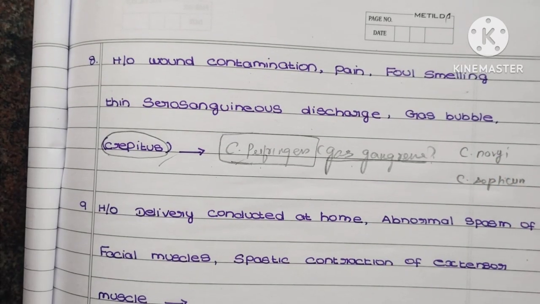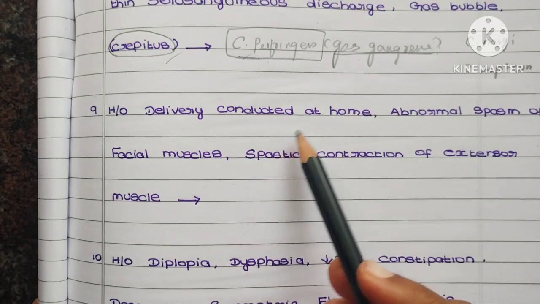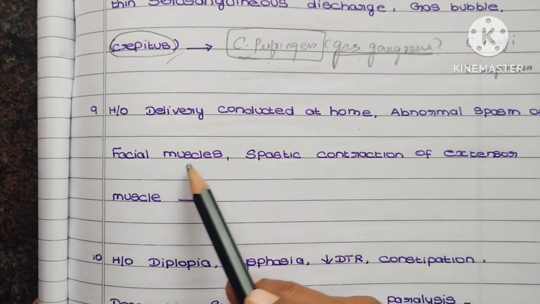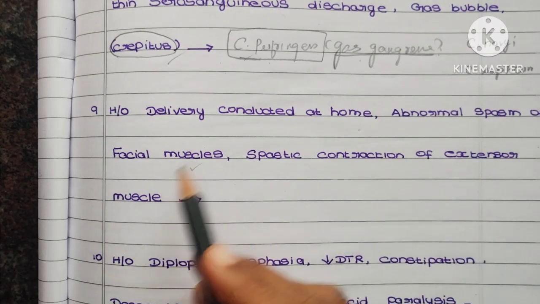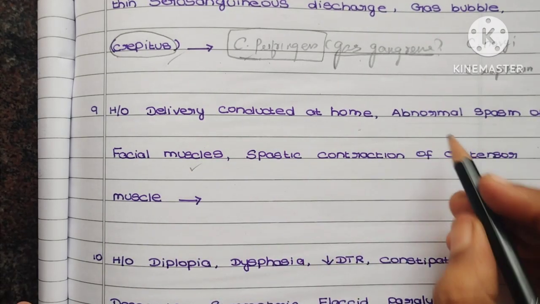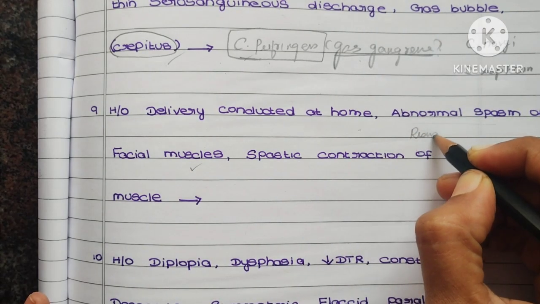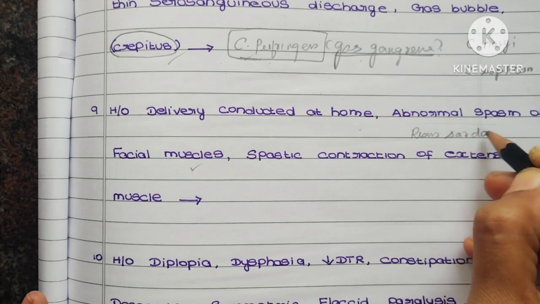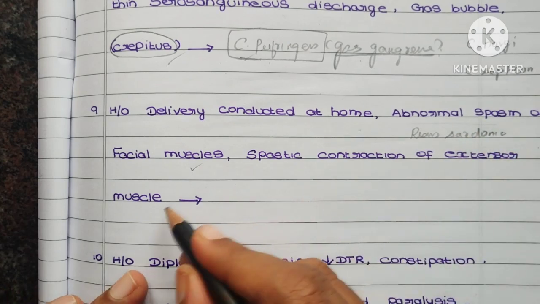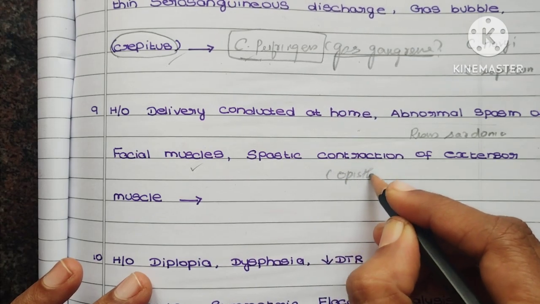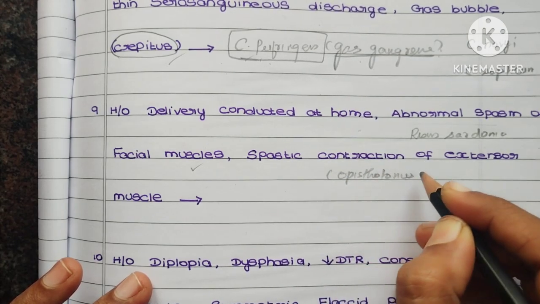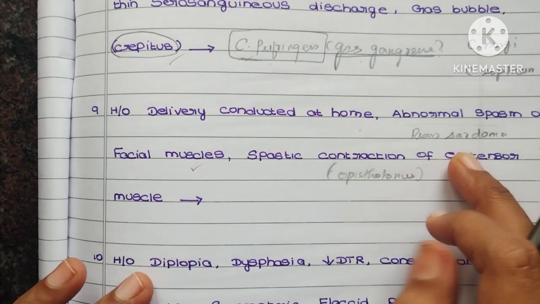Coming to the next, it is a history of delivery conducted at home, with abnormal spasm of muscle and spastic contraction of the extensor muscles. The abnormal spasm of facial muscle is risus sardonicus, and spastic contraction of extensor muscle is opisthotonus.